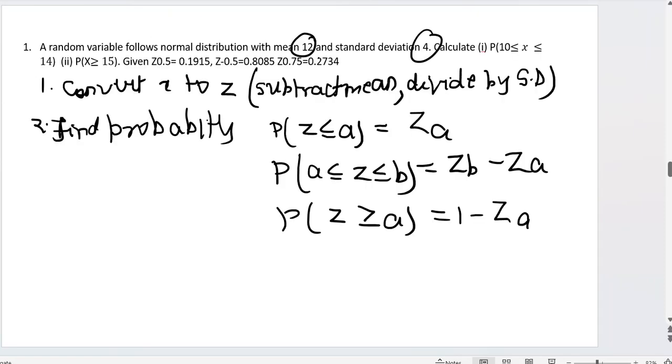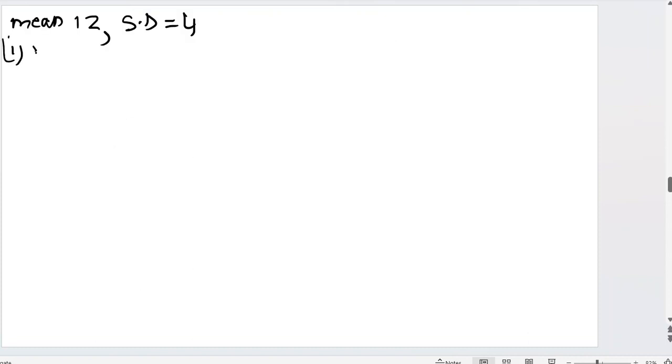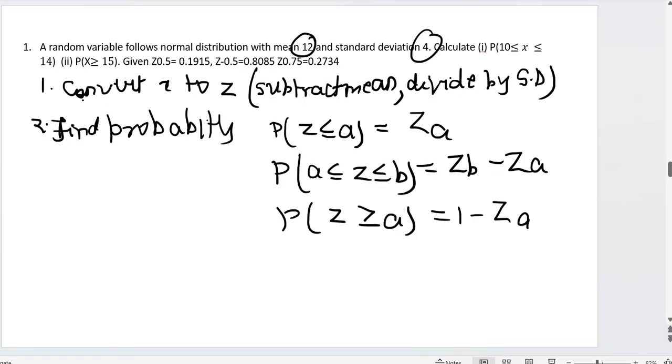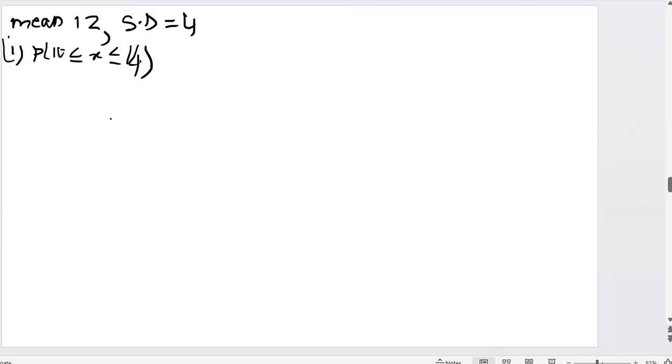And we are told to find P of 10 less than x less than 14. As the previous step says, the first step is to convert x to z. We have to subtract the mean and divide by the standard deviation.